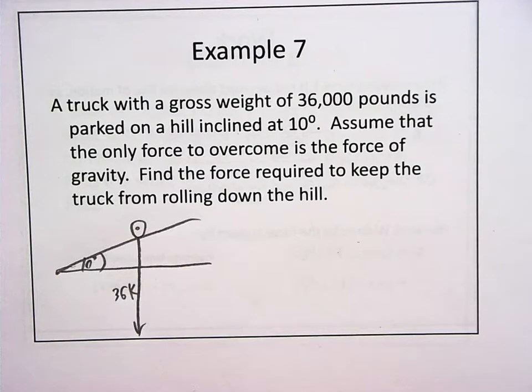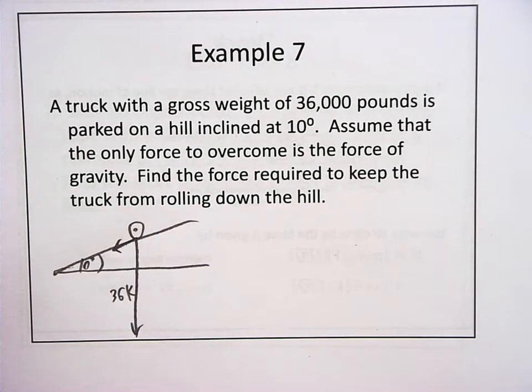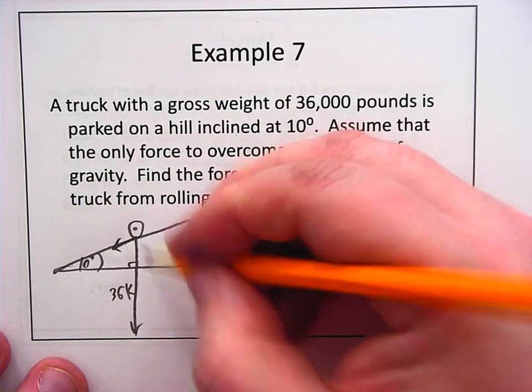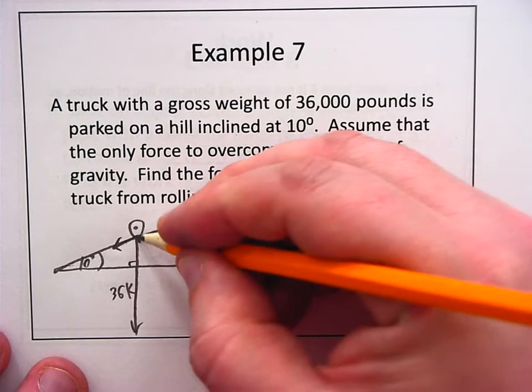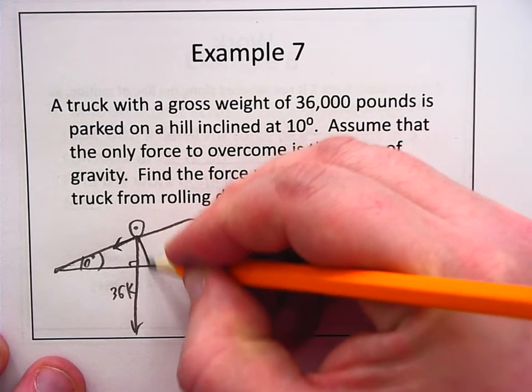I want the force required to keep it from rolling back down the hill. Well, that's this here. I don't know how long that line is. I don't actually care how long that line is yet. So since I have this relationship where it's perpendicular here, I'm going to cheat. I'm going to draw a line that's perpendicular to the hill here.